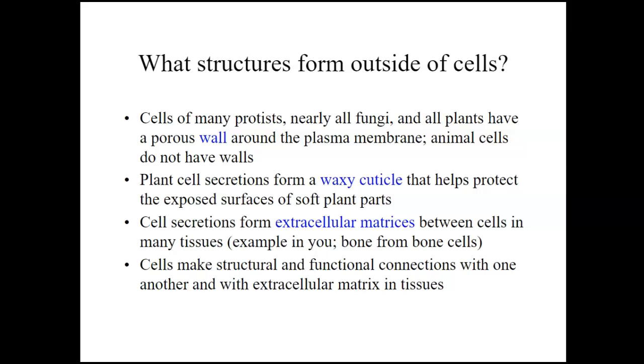And a lot of what holds cells together in your body is because of the extracellular matrix created from those cells. So again, this is another section you can dig into more deeply if you want to potentially get some correct extra credit questions.